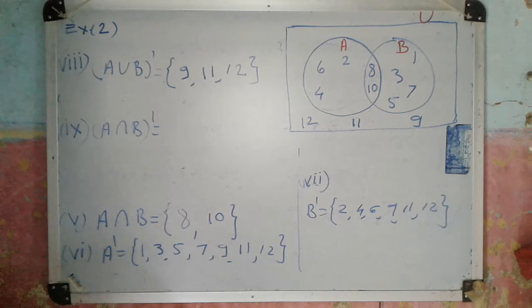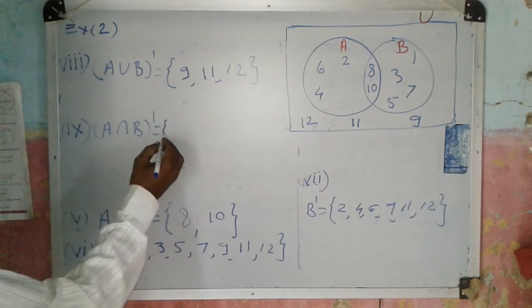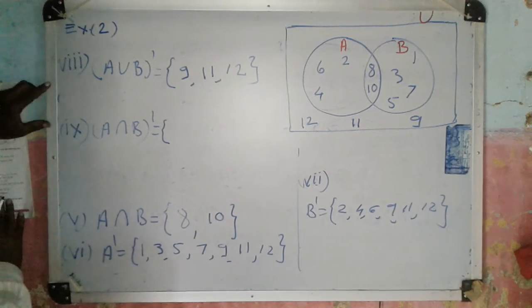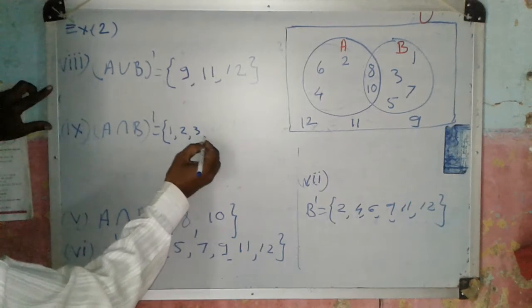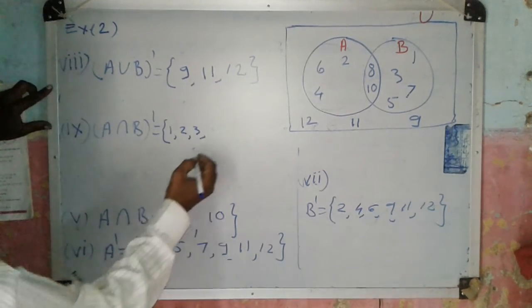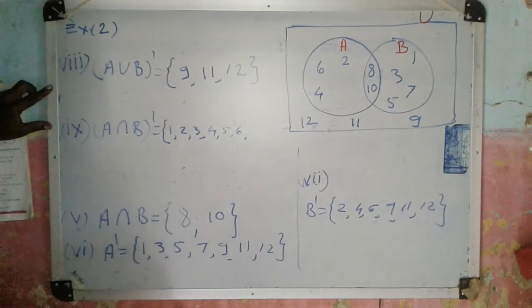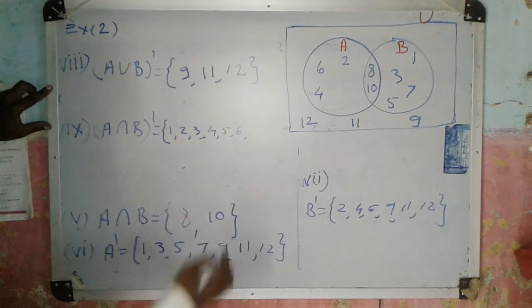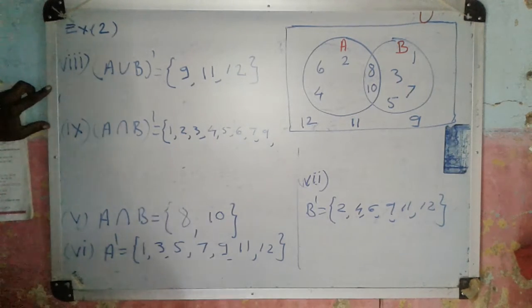So those elements are 1, 2, 3, 4, 5, 6, 7, 9, 11, 12.